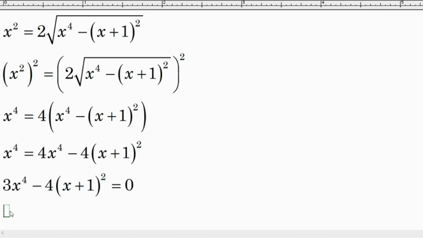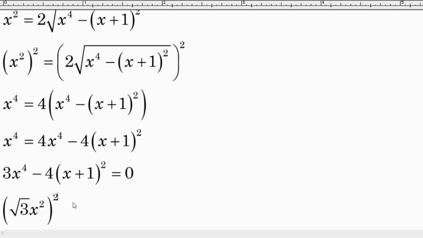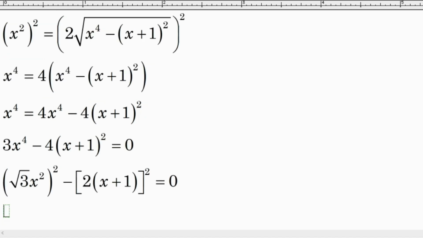So now I can write this part as square root of 3x squared, and all raised to square. So this part could be written as 2 factor x plus 1 and all raised to square, then equal to 0. So now it is in the form of a squared minus b squared again.